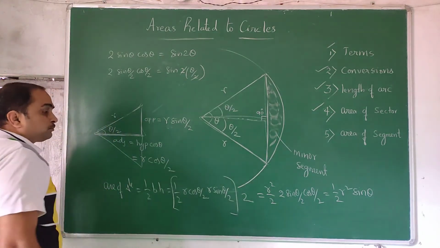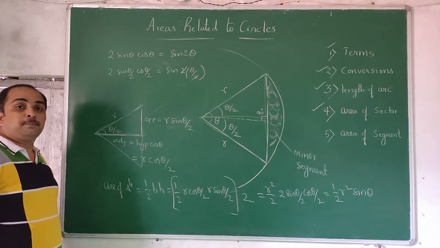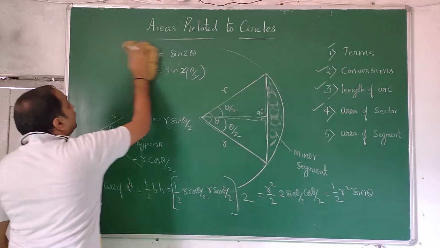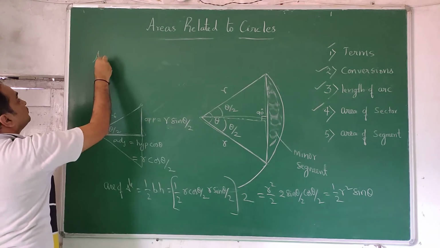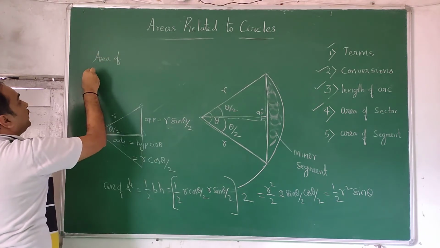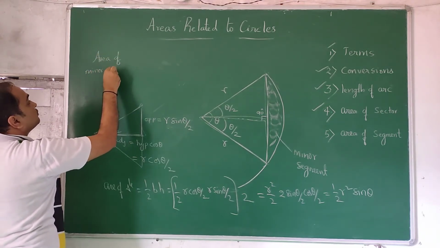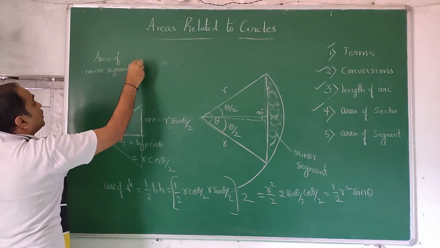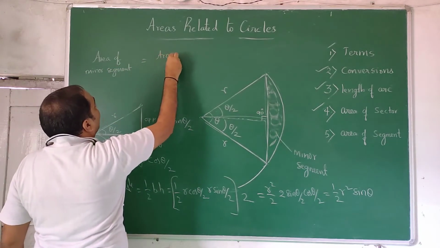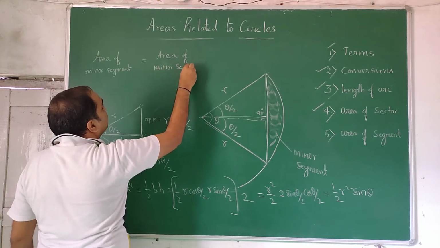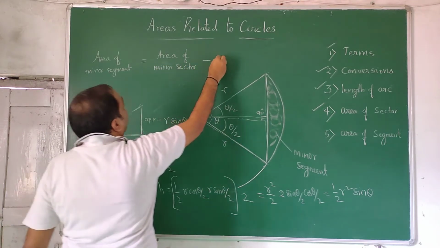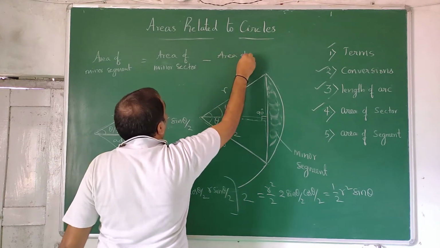Now, take a snapshot. Remember them. Now we are going to the conclusion. Now, area of minor segment is equal to area of minor sector minus area of triangle.